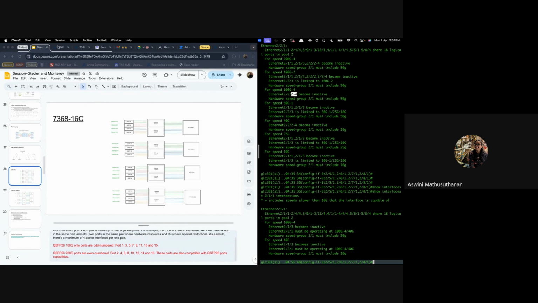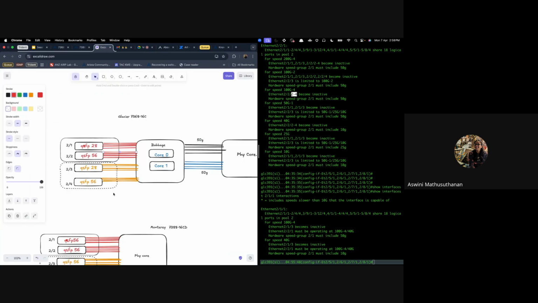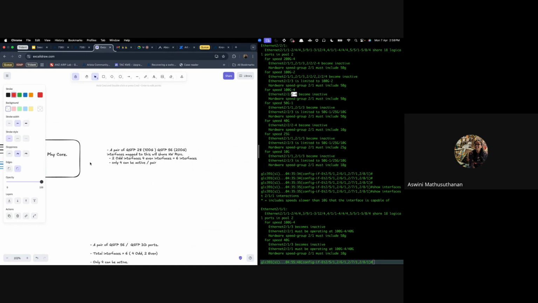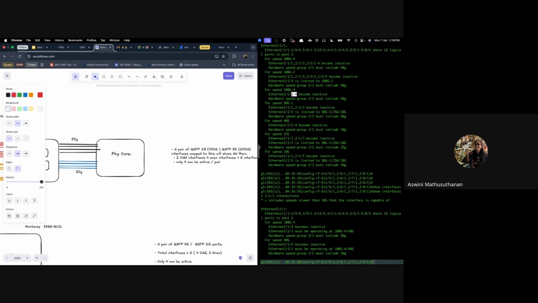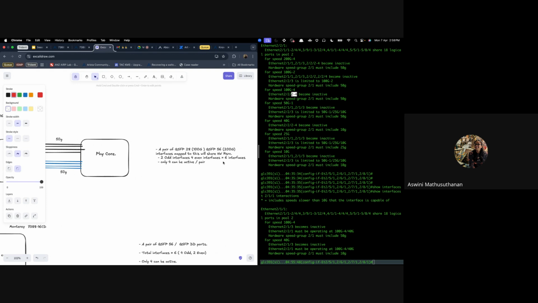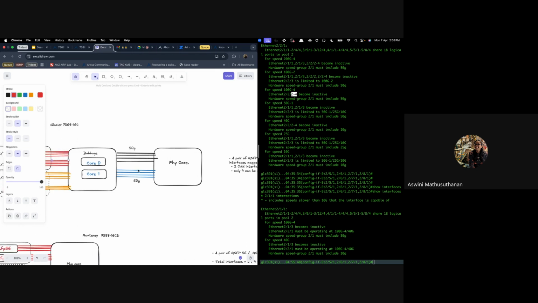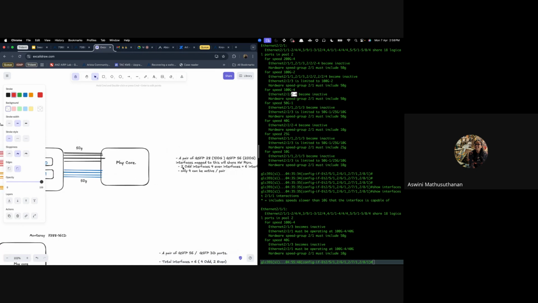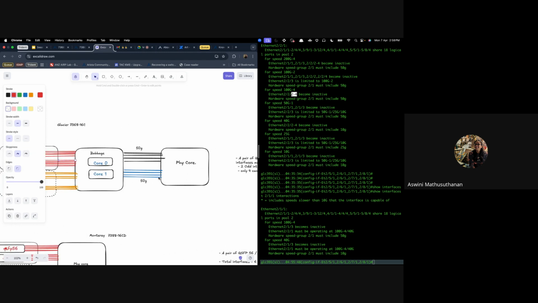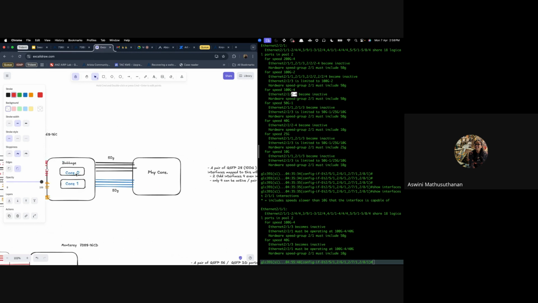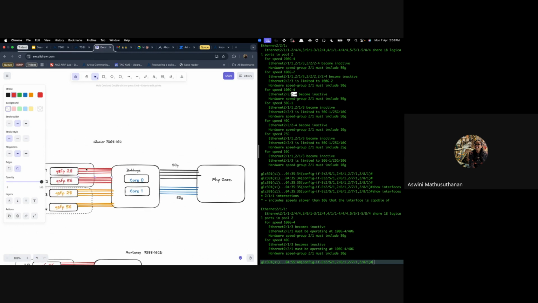The major thing that we need to remember in this setup is that the operand pairs within the line card operate as a pair of QSFP 28 and 56, which is 100 gig and 200 gig. They will share the hardware resources. Another thing is that there is a possibility of 6 interfaces in total between these two, which is 2/1/1, 2/1/3.